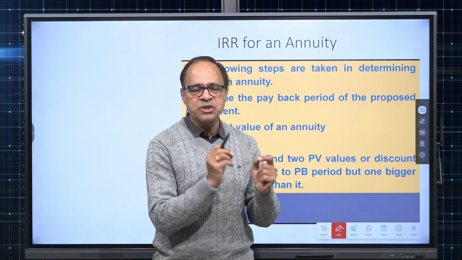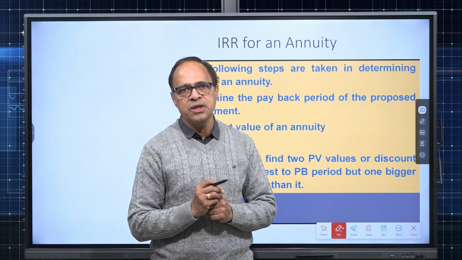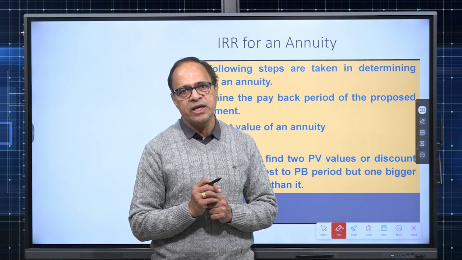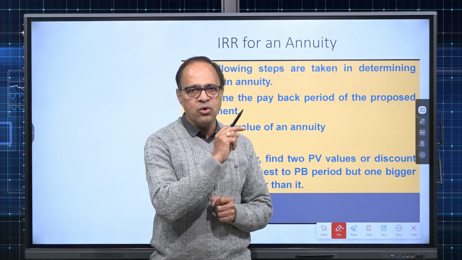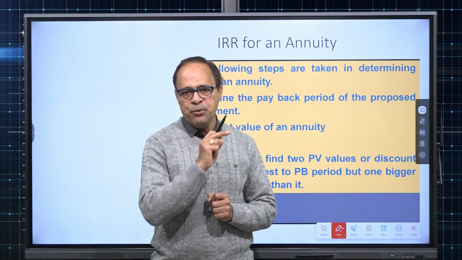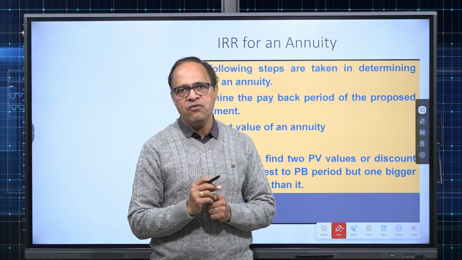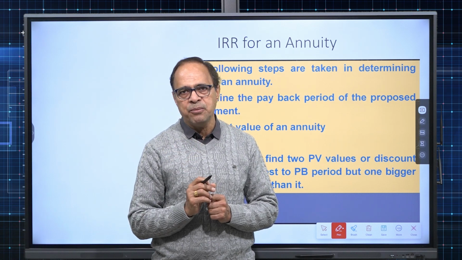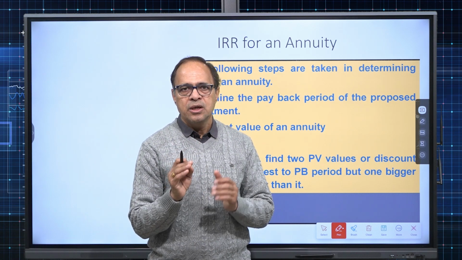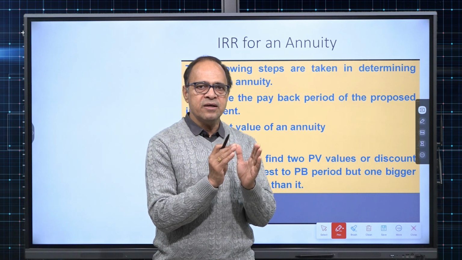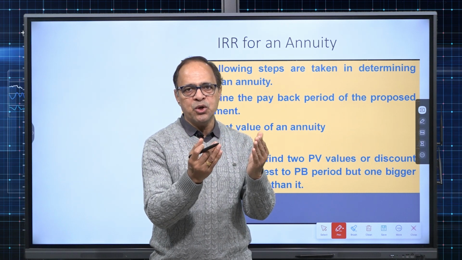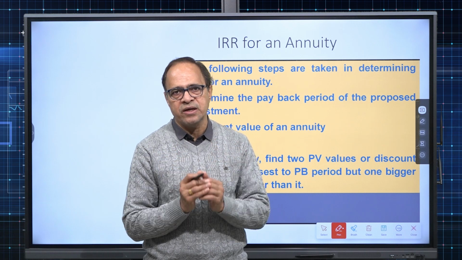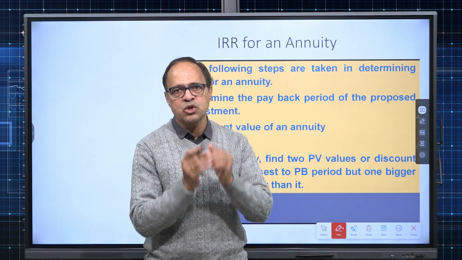So, where will you search that 3.2 in the present value annuity factor table? In the row of 10th year. Keep on moving and you will find somewhere 3.2. You might find exactly 3.2. If not, you will find some factor more than 3.2 and some factor less than 3.2. So, find out the closest factors and note down the corresponding rates.